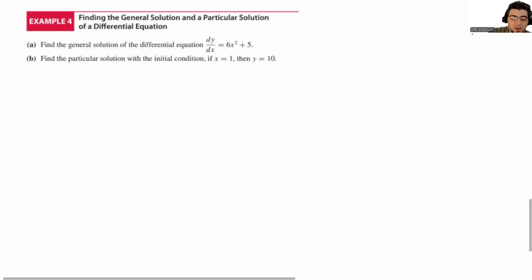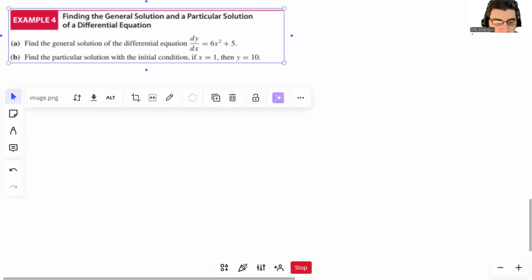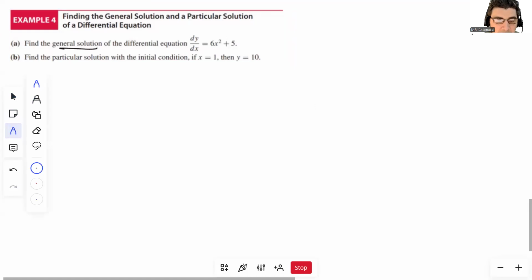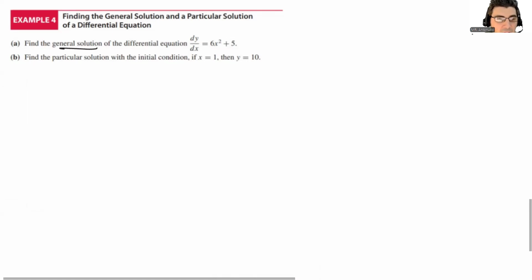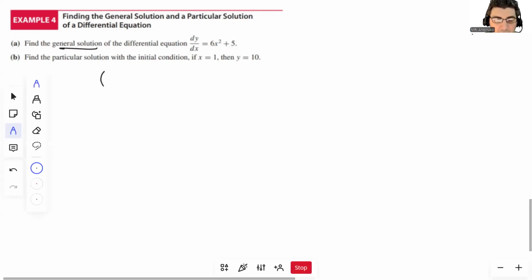So here, if we want to find the general solution to this differential equation, the general solution consists of all antiderivatives of 6x squared plus 5.